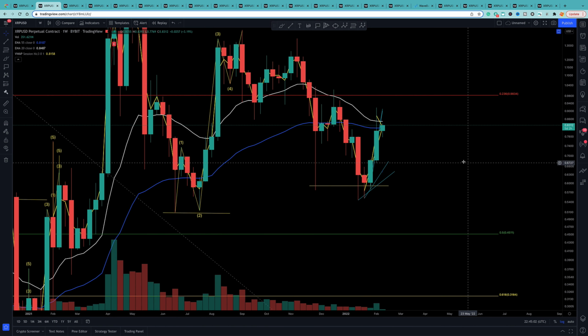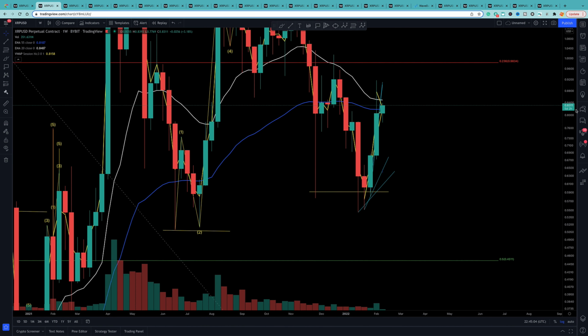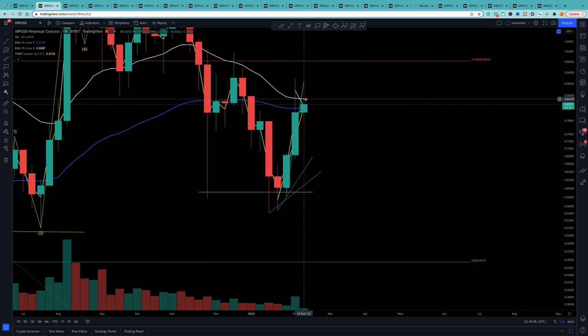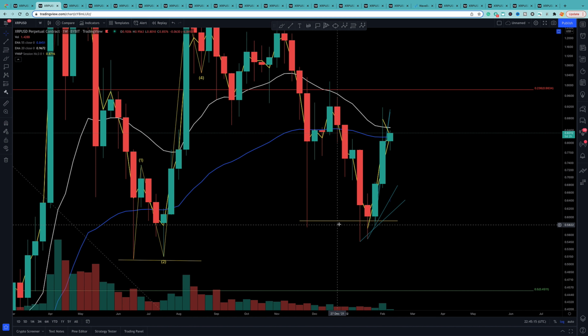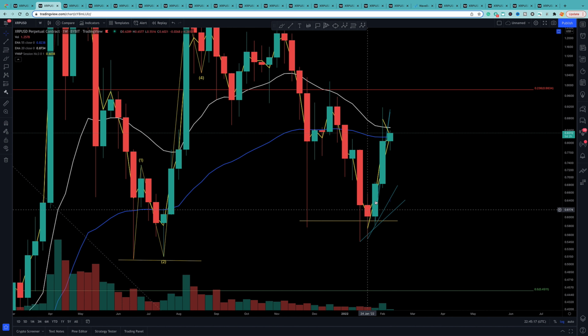You can see that one of the things holding the price down at the moment is the 55 and the 20 on the weekly. So on the hourly and the 4 hourly, it's support and the hour is pushing up, but on the weekly, the weeklies are going, no, I think we need to wait a little bit.